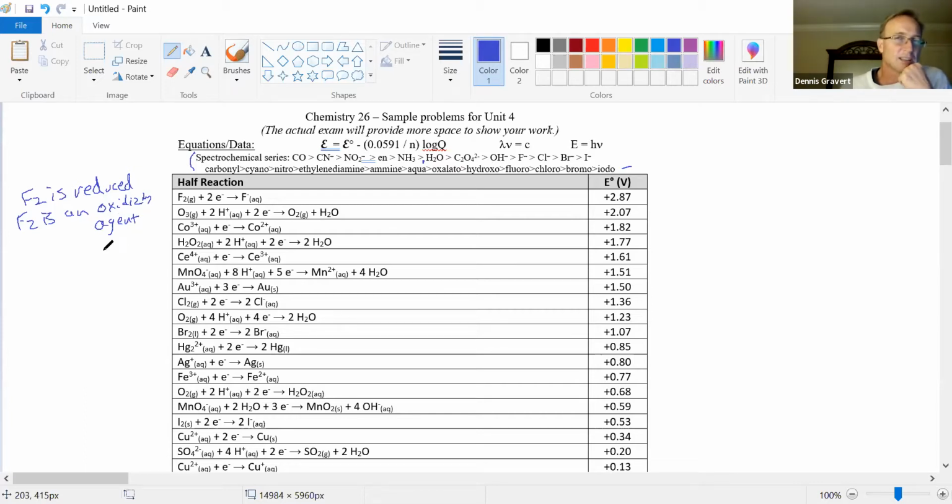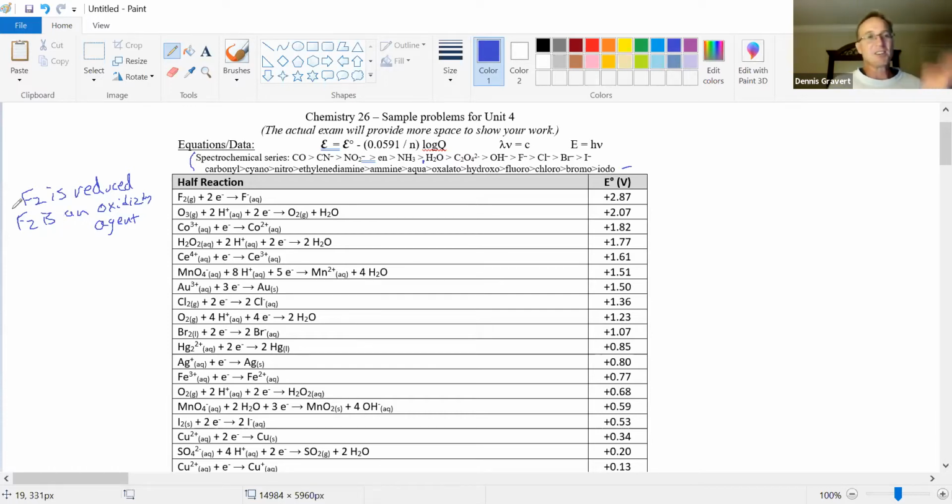How good of an oxidizing agent? Well, there's a couple ideas. One, how often do we talk about using fluorine gas? Never. Fluorine gas is so reactive. It reacts with the container you put it in. So this is a very powerful oxidizing agent, and it oxidizes the container.